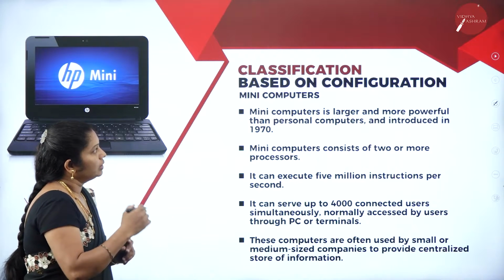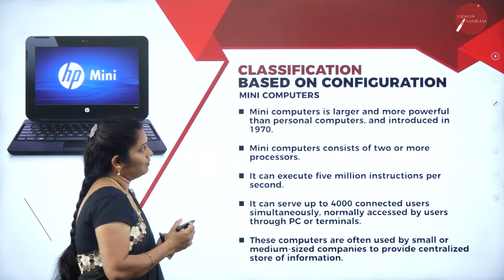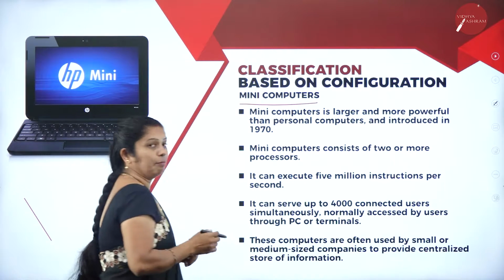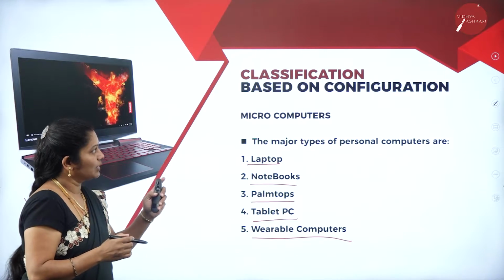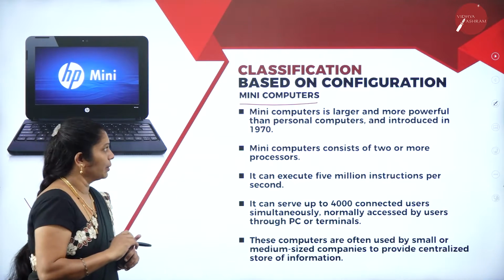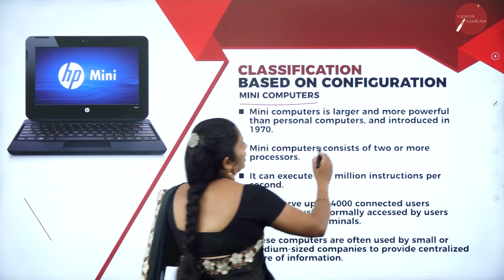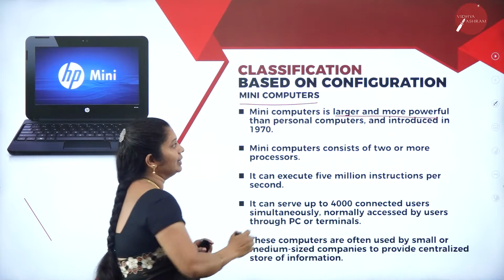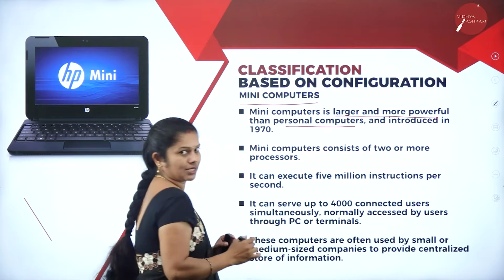Now, when we come to the classification of computers based on configuration, the second one is mini computer. The first one is microcomputer, the second one is mini computer. Mini computer is larger and more powerful than personal computers.